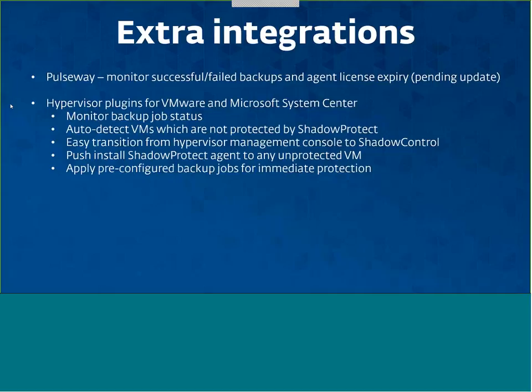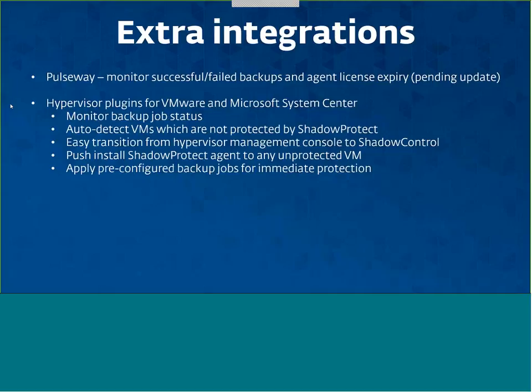It also gives you the ability to easily transition from either vCenter or Microsoft System Center to Shadow Control with a single click. And it basically gives you access to more detailed information, or to the reports, or to specific logs when needed. And then lastly, it also provides the ability to push install the Shadow Protect agent directly to any unprotected VM.